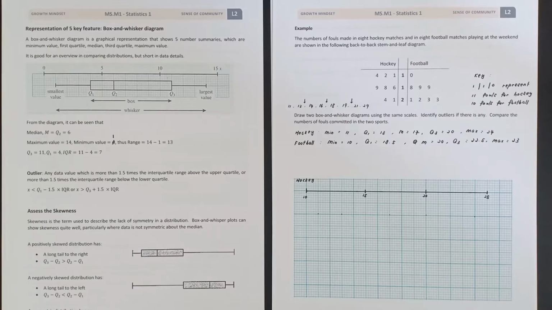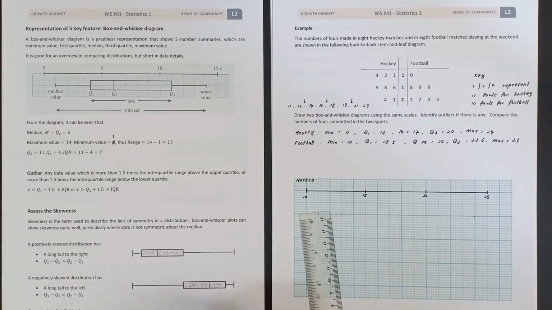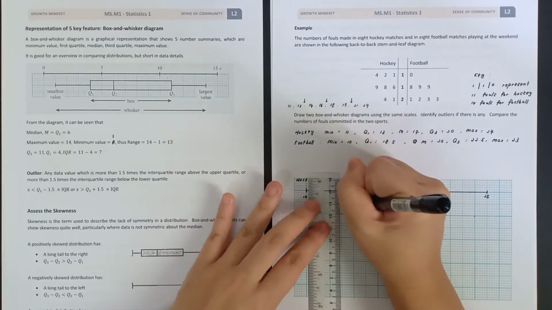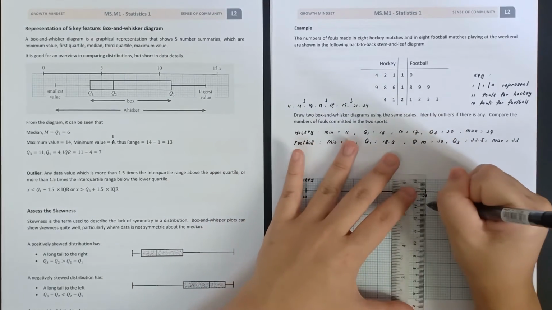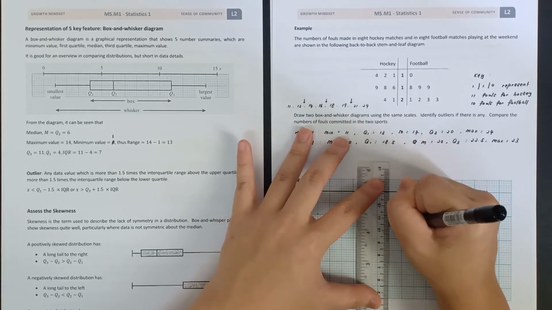You must remember to draw the whiskers at the back, but what you can try is to draw your box first, which is your Q1 and your Q3. Here your Q3 is here, your median.